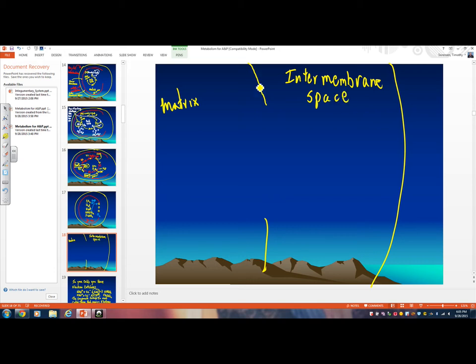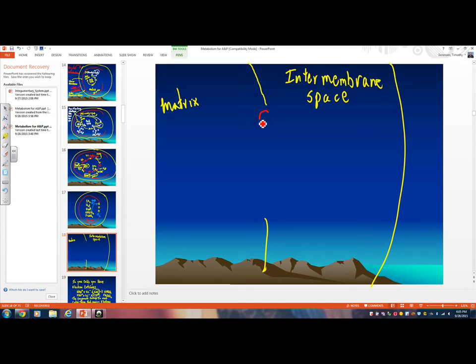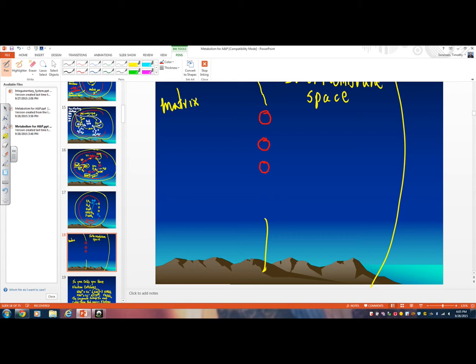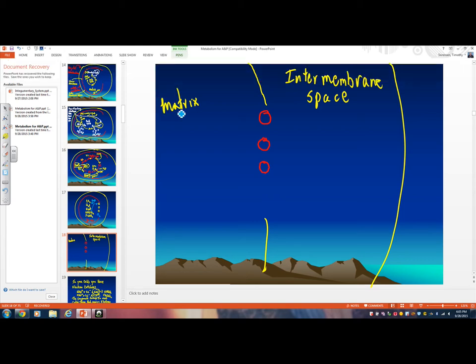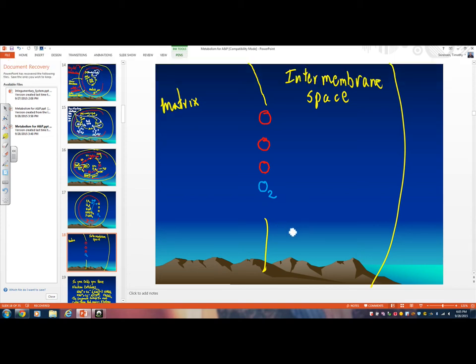And embedded in the inner membrane are these little proteins. And again, what is the final electron acceptor? Gotta have oxygen. Also embedded in the inner membrane of the mitochondria is a series of enzymes.